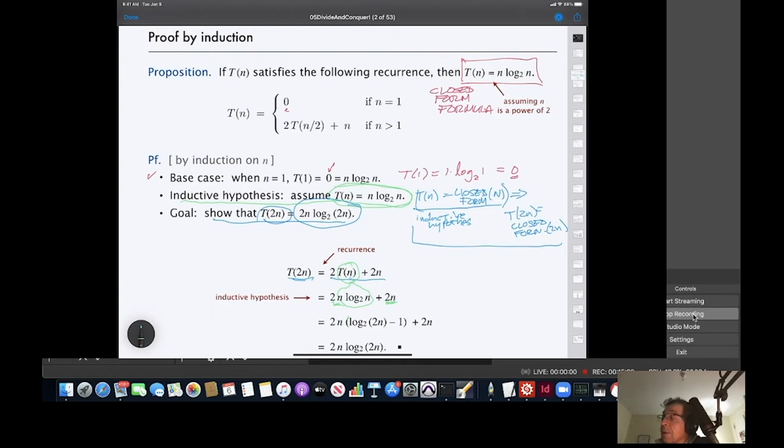Okay, so you would get 2n, and then inside you would get... well, at this point it's easy to see the step from 2n log 2 of n plus 2n.